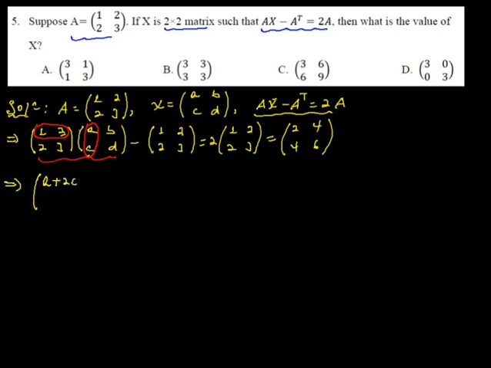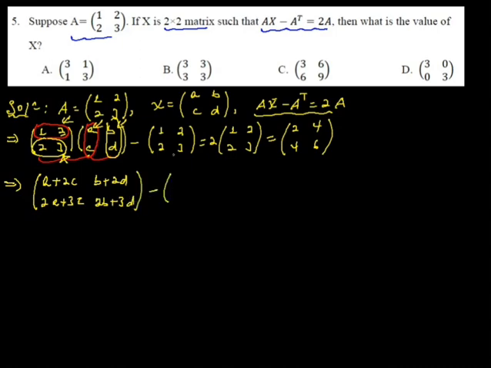Now again multiply this row by the second column, so it becomes b plus 2d. Now we have finished the first row. Go to the second row by the first column, so it becomes 2a plus 3c, and multiply the second row by the second column, then it becomes 2b plus 3d. This is the product.